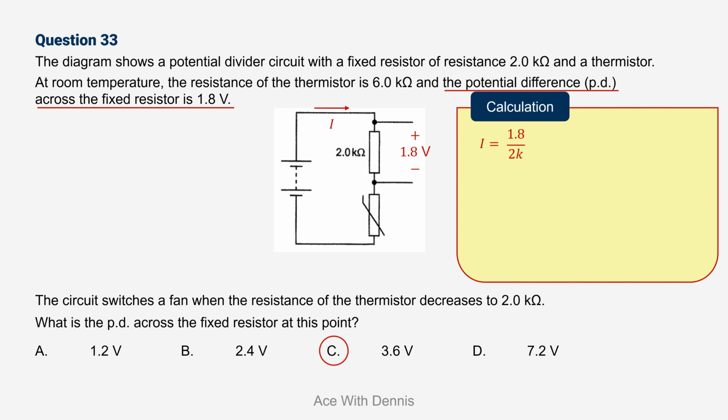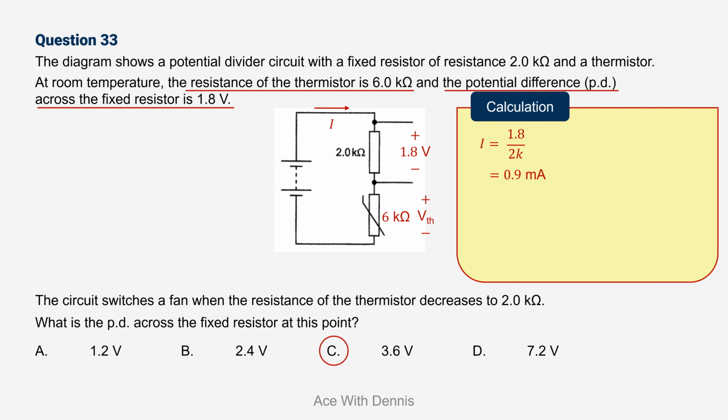So it will be 1.8 divided by 2 kilo ohms, and we'll get 0.9 milliamps. Given that the resistance of the thermistor is 6.0 kilo ohms, let's label the resistance as 6 kilo ohms.